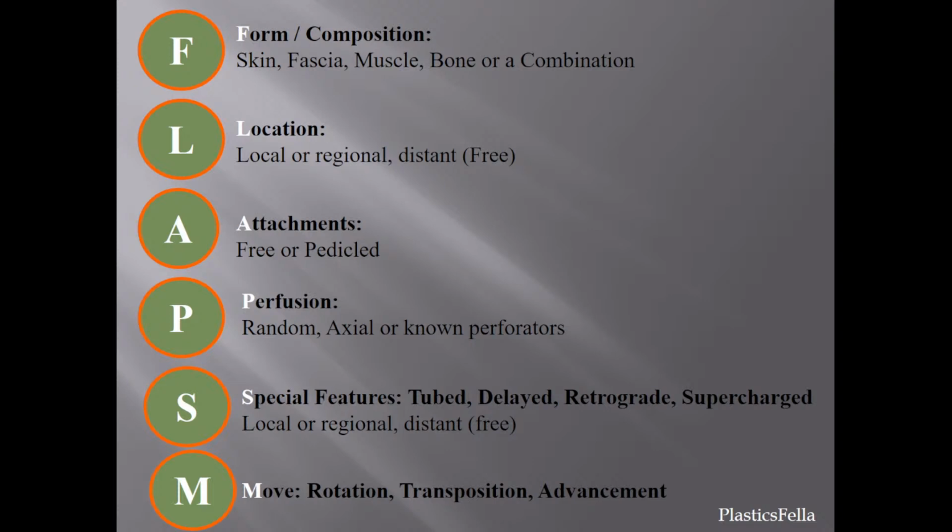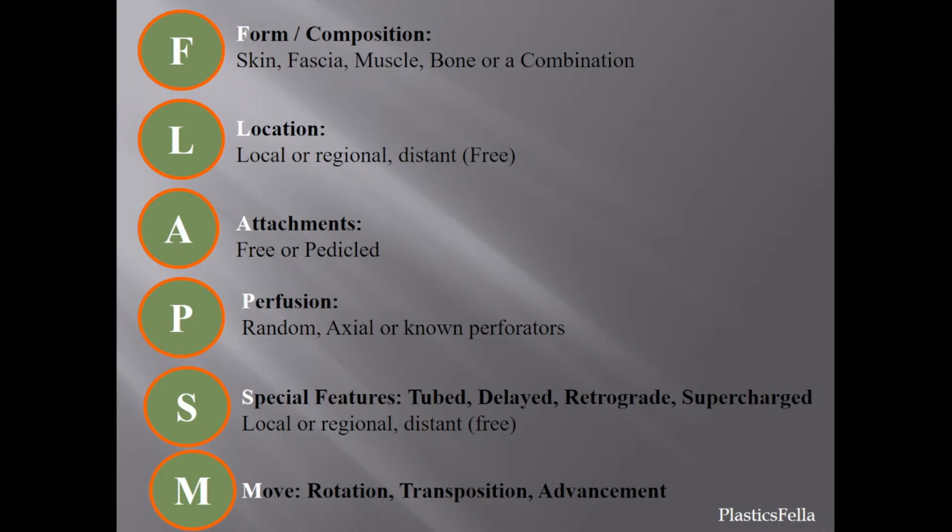Flaps differ from skin grafts in that the flap is transferred with the intact blood supply and remains connected to its origin, while a graft is a transfer of tissue which has been completely removed from its origin, and therefore relies entirely on the recipient site for its blood supply.